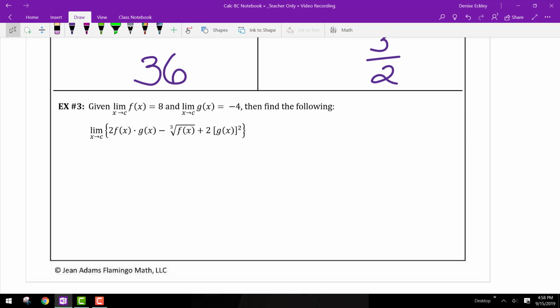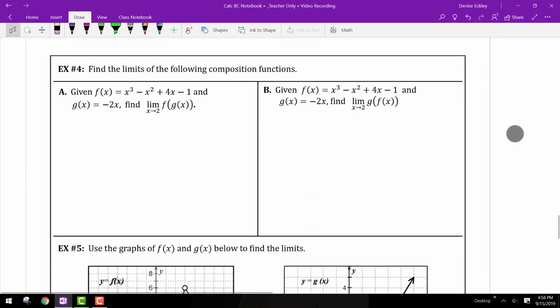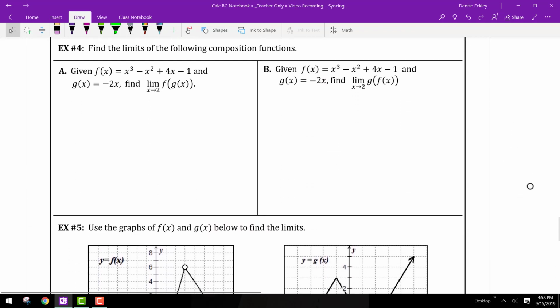Okay, moving on then. Now we're going to do some limits of compositions of functions. So example 4 gives us our functions. We're given f of x is x to the third minus x squared plus 4x minus 1. And g of x is negative 2x. So we're supposed to find the limit as x approaches 2 of f of g of x.